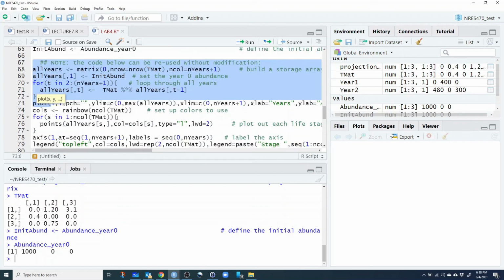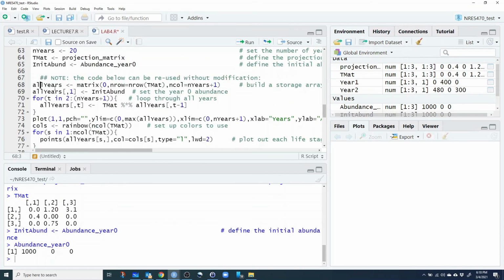This code can be reused without modification. I'm not necessarily expecting you to be able to code for loops in R. It is a great skill to be able to do that, but what I want to do in this lab is focus on the concept of matrix multiplication and matrix population models, and less on making you struggle with code.